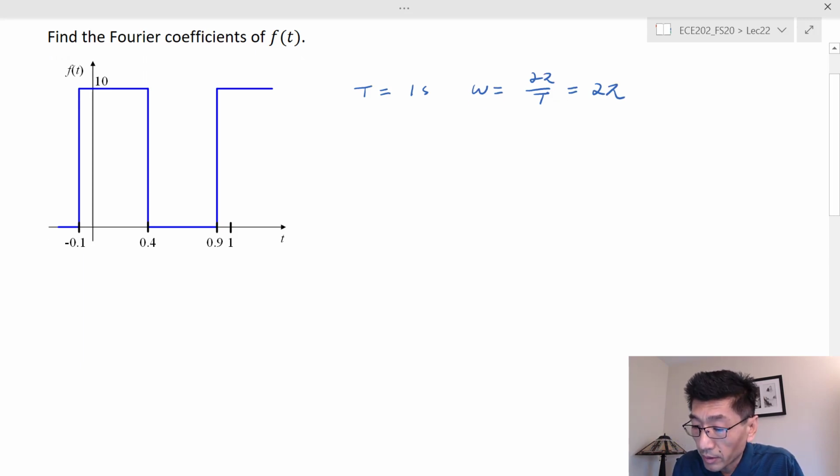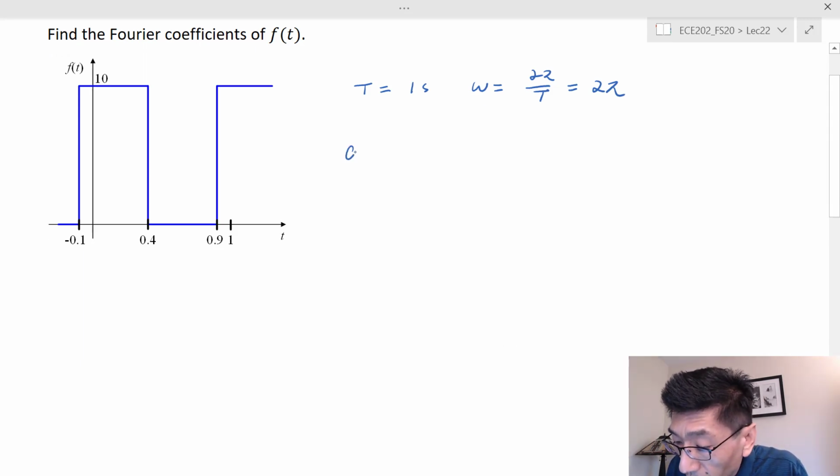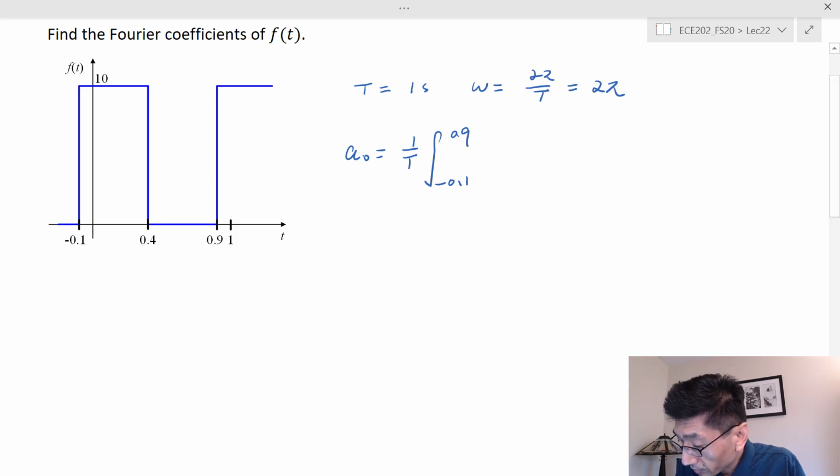And a0 is just 1 over T integral from 0 to T of f(t) dt. In this one, we're not going to go from 0, but from negative 0.1 to 0.9. Now we can integrate in two intervals.